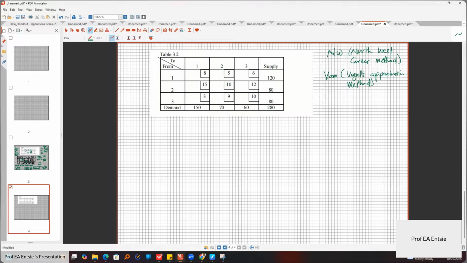So you need to allocate where the cost is less, in order to minimize the transportation cost. So look at how we do the penalty cost.